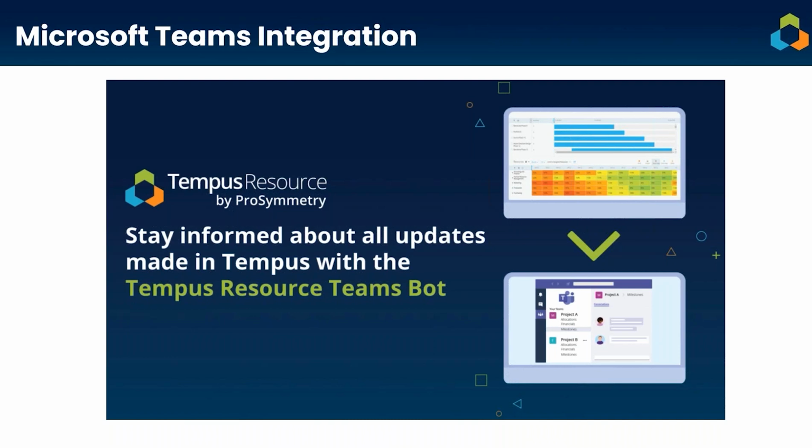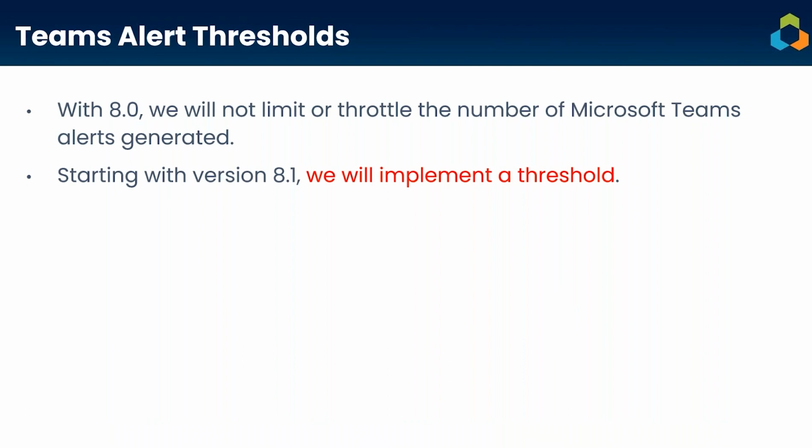We have plans to grow this pretty substantially, but what this will allow you to do is subscribe to changes on projects, subscribe to timesheet updates, mentions, as well as resource request workflow actions to receive notifications inside of Teams when those changes take place, and be able to move back and forth between Teams and Tempus as you see fit. Now, we'll cover this in slides today, but we will have a separate webinar for both the Teams integration and the Jira plugin functionality.